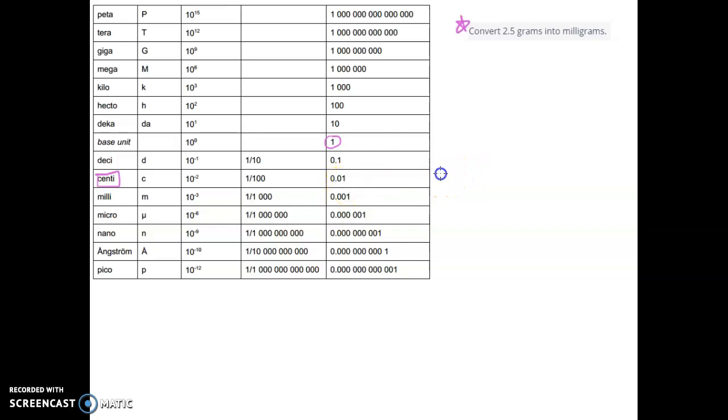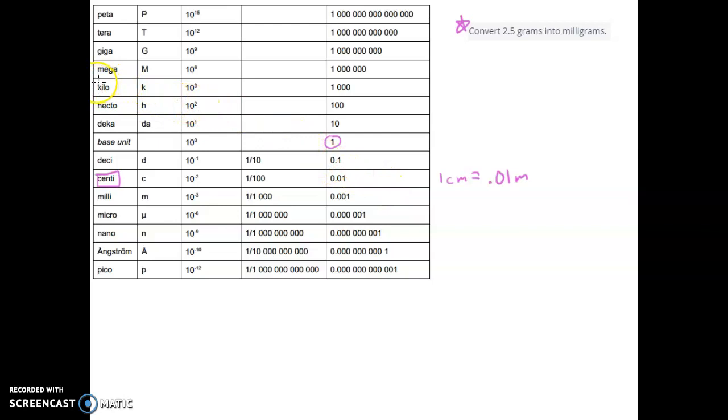So in other words, 1 centimeter equals 0.01 meters. And hopefully this is not the first time you've seen it. If it is, you might want to spend some time familiarizing yourself with this. And these practice problems are going to be even more important.